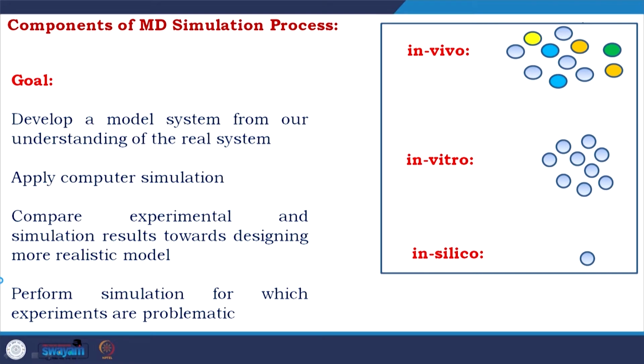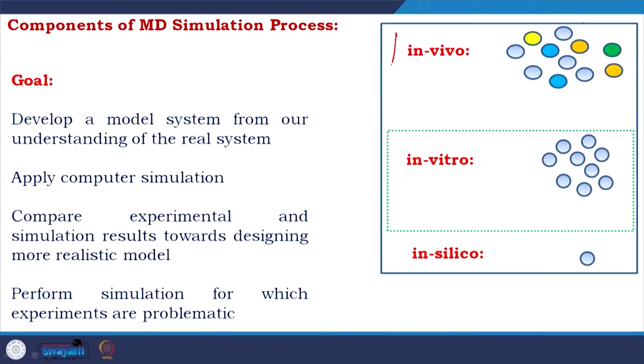In vitro, even if you have done the protein purification correctly, you still get your protein in millions of copies, whereas in silico, which is the model system, you can choose the number of protein molecules according to your choice. That is the best thing for this experiment.